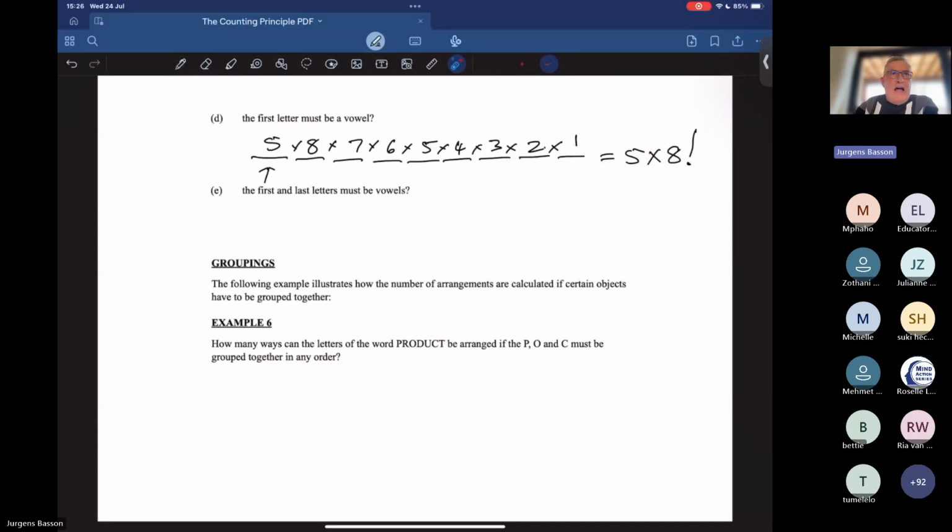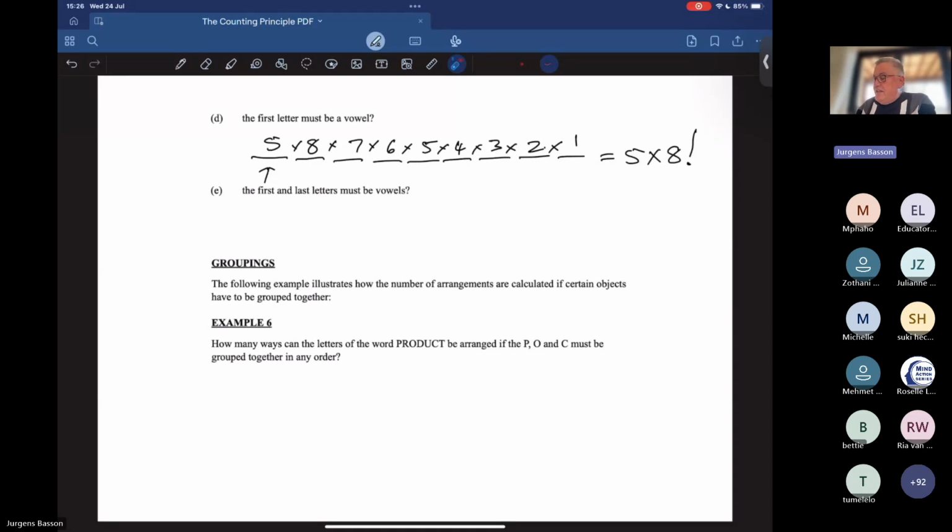But 5 can't be factorial because it's only one position. There's not 5, 4, 3, 2, 1. You will notice the 8 goes down to 1. So that is factorial. But the 5, only a number. 5 times 8 factorial.